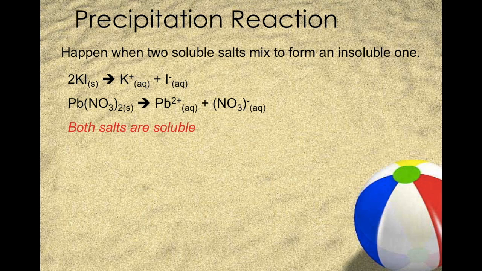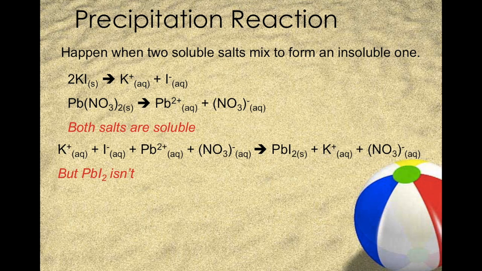So both salts are soluble. Now, what if we take two beakers of these and mix them together? When we do this, we end up with all of these ions together, and it turns out that lead iodide is not soluble.